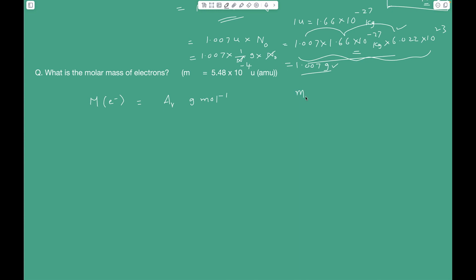Now if the mass of an electron is given as 5.48 times 10 to the power of minus 4 U, then the relative mass of the electron would be just that number, 5.48 times 10 to the power of minus 4. Then the molar mass would be 5.48 times 10 to the power of minus 4 gram per mole.